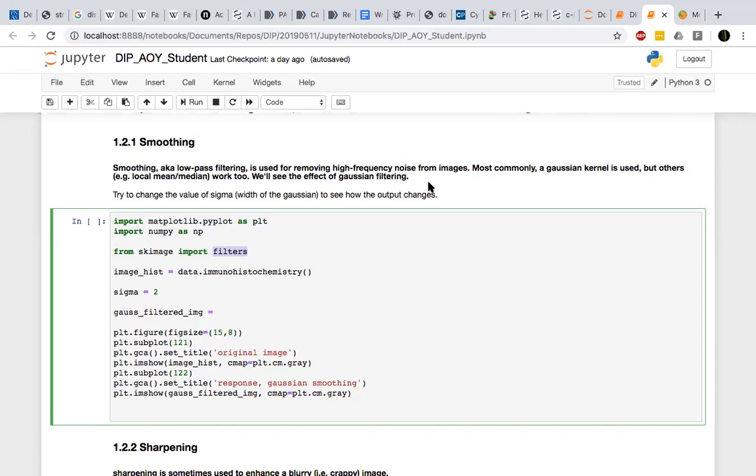If there are multiple channels, you would have to apply it to every channel. The Gaussian filter is actually already implemented to take multi-channel images, that's fine. But if you want to use another filter, then you have to apply it to every channel.